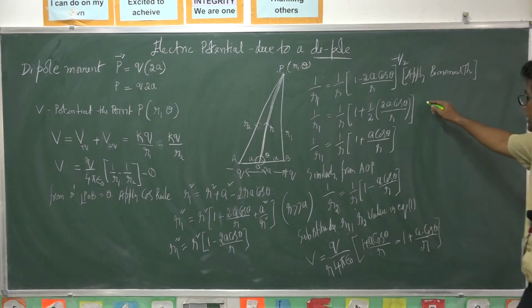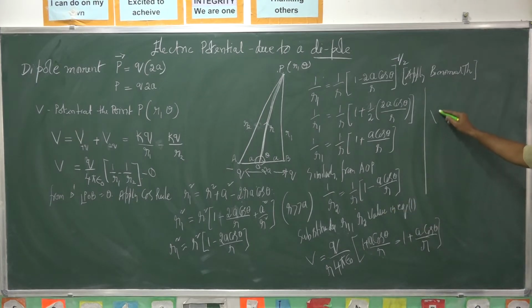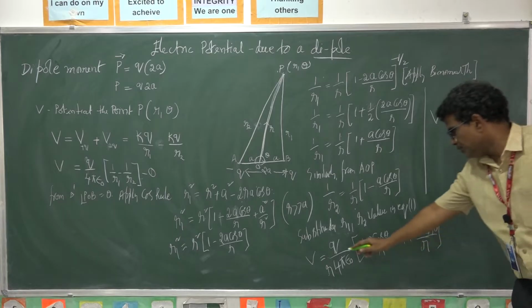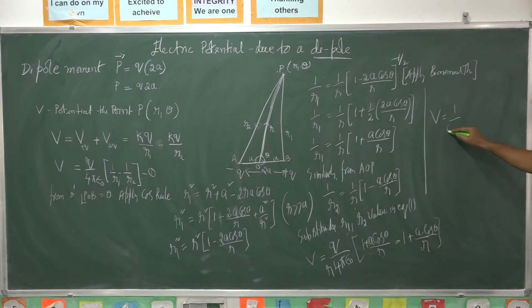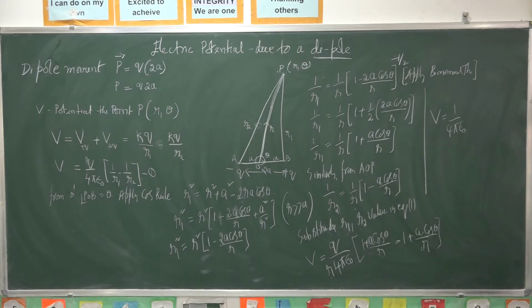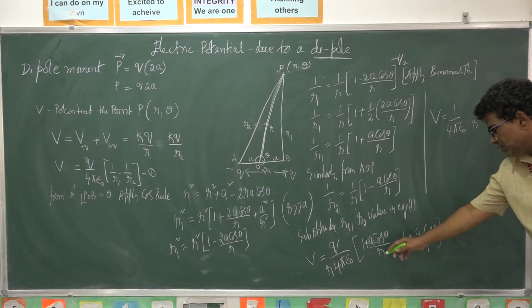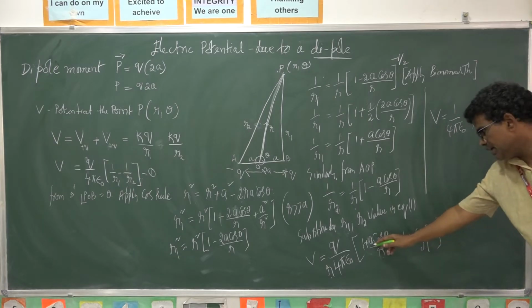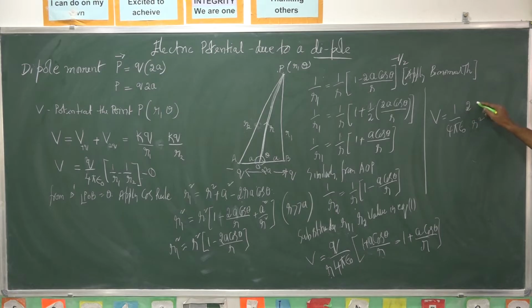So once again I am writing this expression here. V is equal to 1 by 4 pi epsilon naught, here is R, here is R, so you will get R square in the denominator, and here A cos theta becomes 2A, into Q into 2A into cos theta.